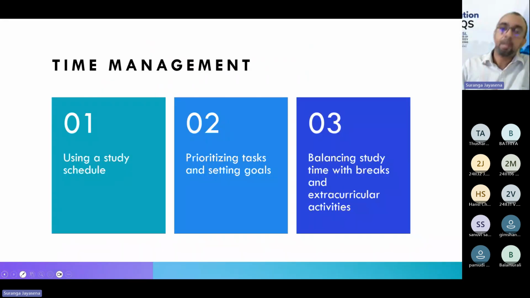Okay, time management is also important. You have to have a proper study schedule.